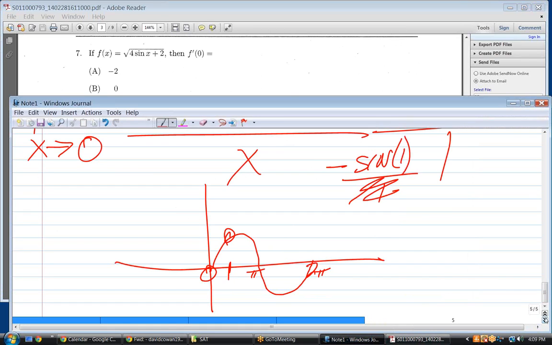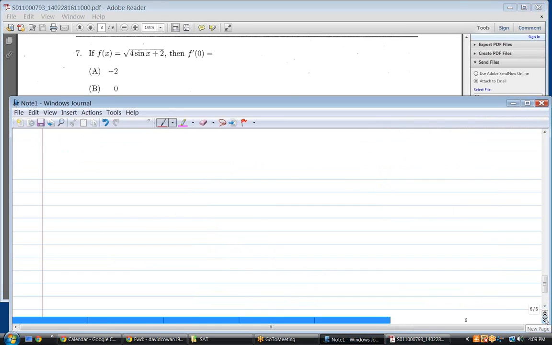All right, this looks like a straightforward one. So I have to find f prime of x and then what it is at 0? Uh-huh.